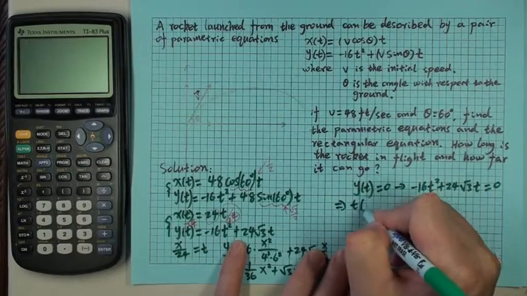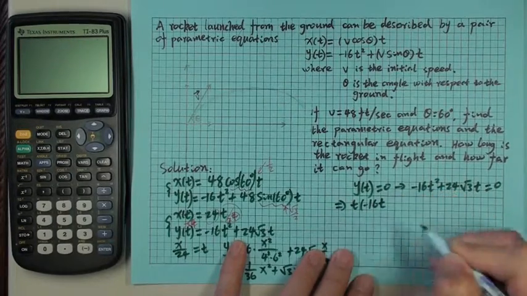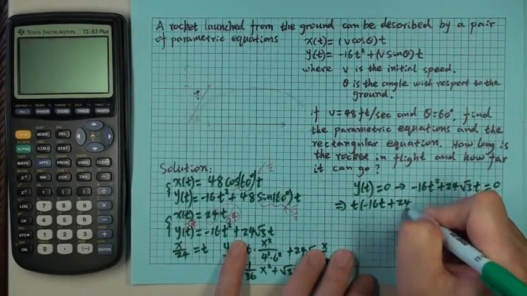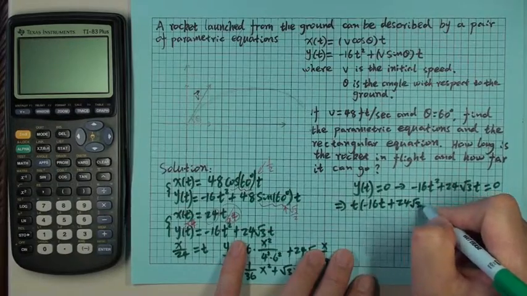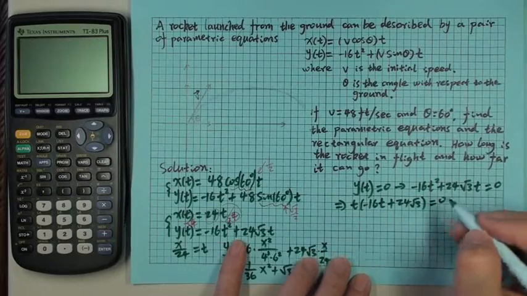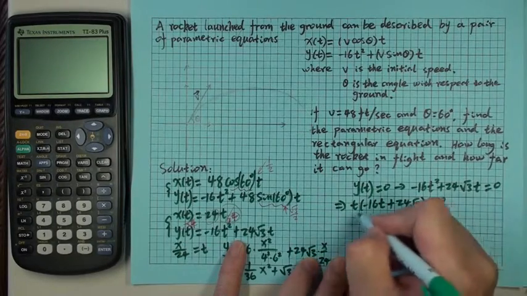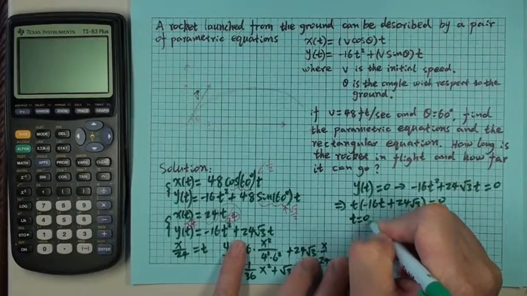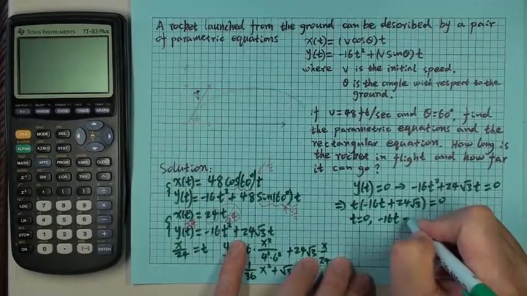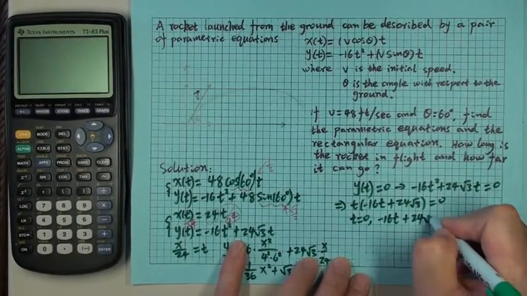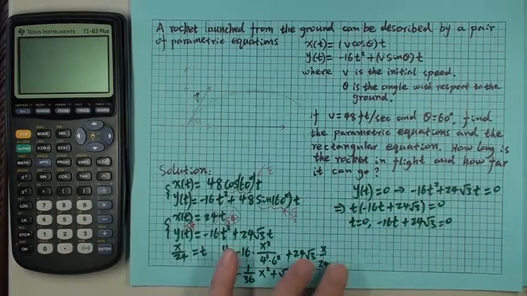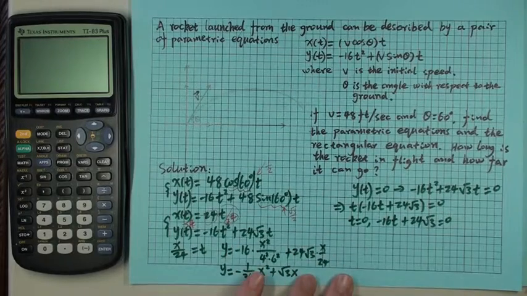If you pull t out, you have t times negative 16t plus 24 radical 3 equals 0. So one solution is t equals 0, which is the beginning, when the rocket was on the ground.